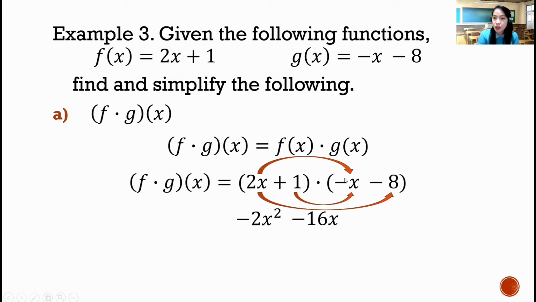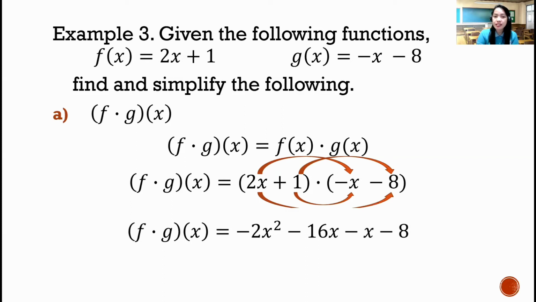But since we have the coefficient negative 1, so negative 1 times 1, or 1 times negative 1, that is negative 1. And then copy the variable x. Next, 1 times negative 8. So, our equation now is f times g of x, that is equal to negative 2x squared minus 16x minus x minus 8.